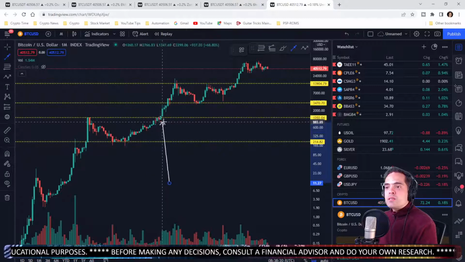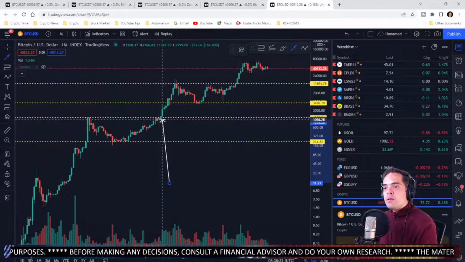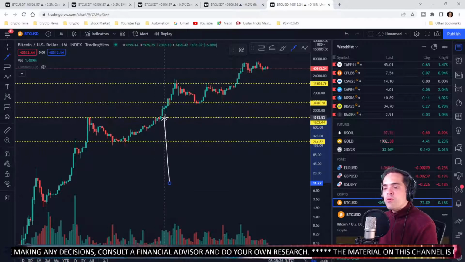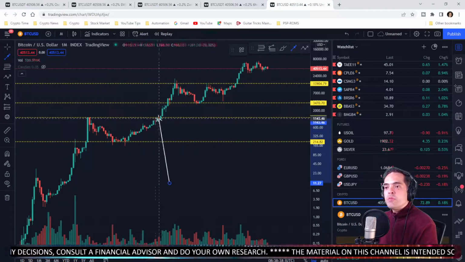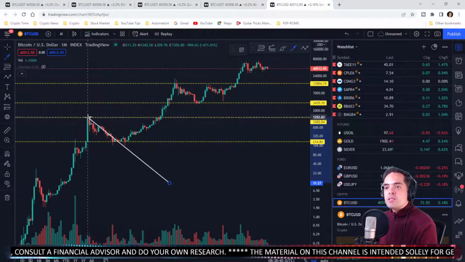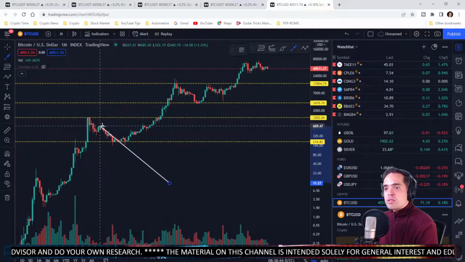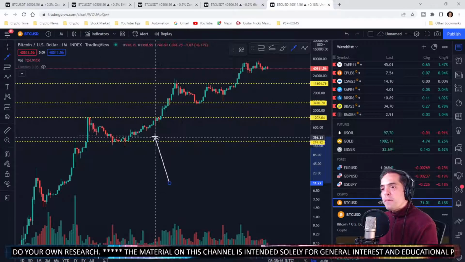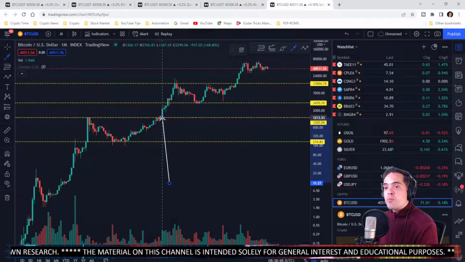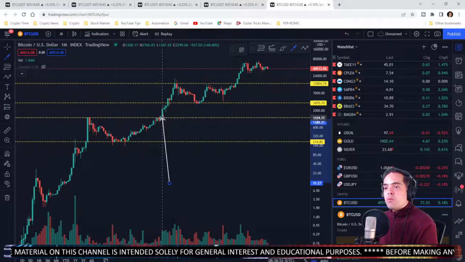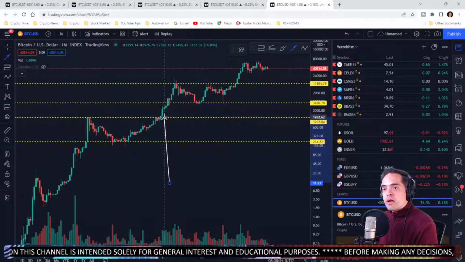And the resistance, the bears control the resistance. So they will try to realize profits and sell their positions right at those spots, and they will try to keep the price down once the price reaches those levels.